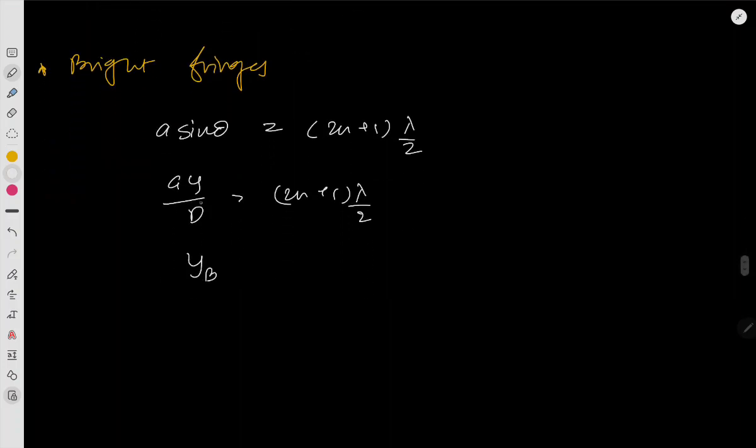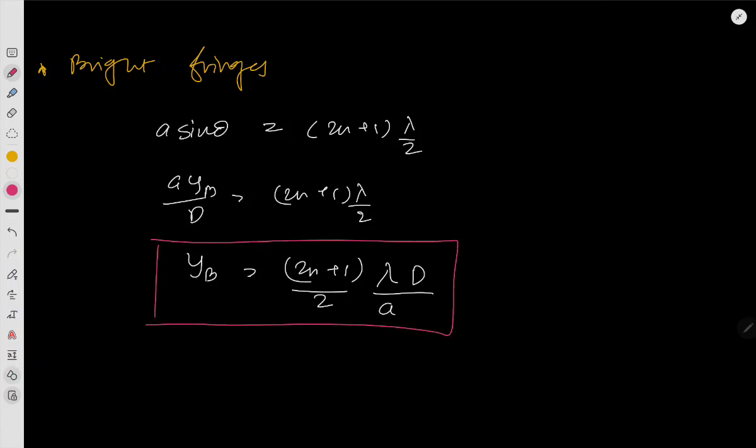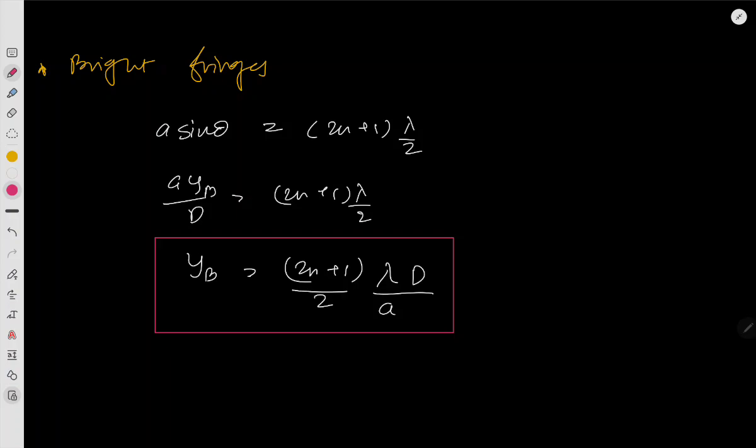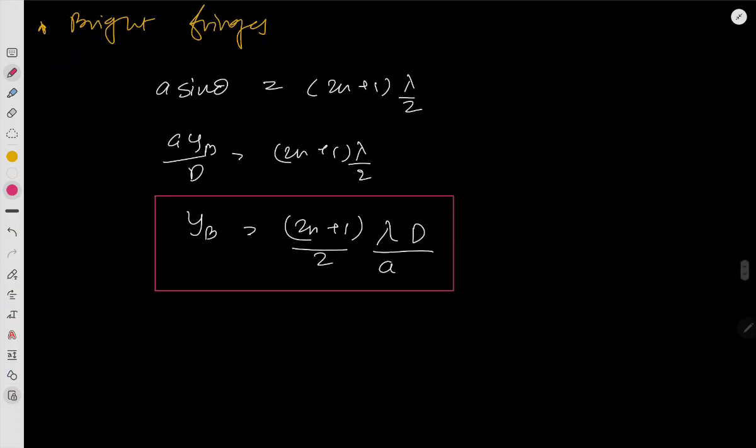Then y bright equals 2n plus 1 by 2 lambda capital D upon small a. This has been the formula. It's a pretty important result once again.